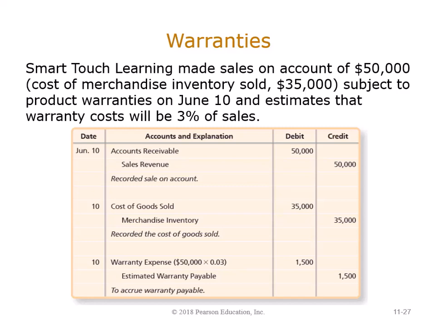If based on prior experience, they have to repair 3 out of every 100 products that they sell, they may say, okay, we'll just ballpark this at 3%. In this case, that's what the company's done. So we are going to accrue that warranty expense and warranty payable based on that 3% of sales. So we take the 3% of 50,000 and we're going to accrue 1,500 in warranty expense.